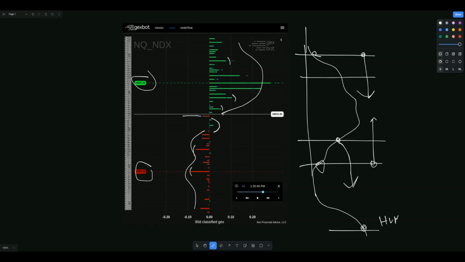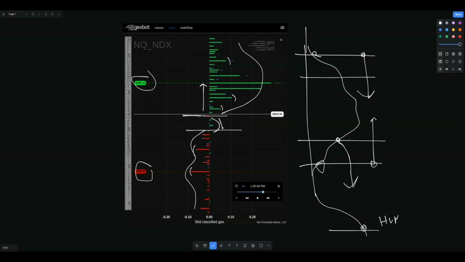But anyway, I'm thinking, if we're in some distribution, I'm looking to take longs towards major if we're accepting into this area, right? If I'm short biased, then I'm looking for pivots, right? So I'm looking for transition areas like this and this.